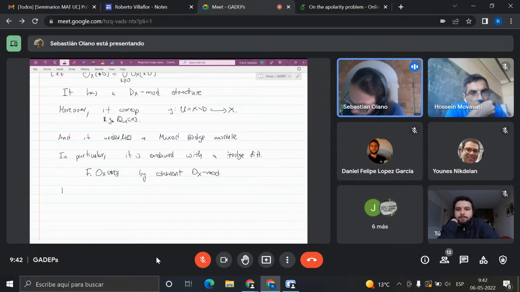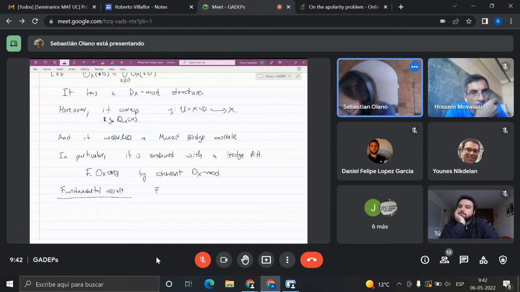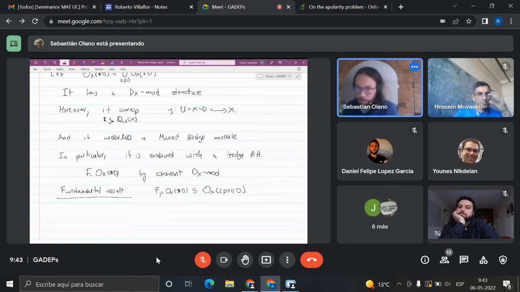And one fundamental result from Saito is that each F_p O_X(*D) is contained in what's called the pole order filtration, which is just functions with a pole of order p plus 1.